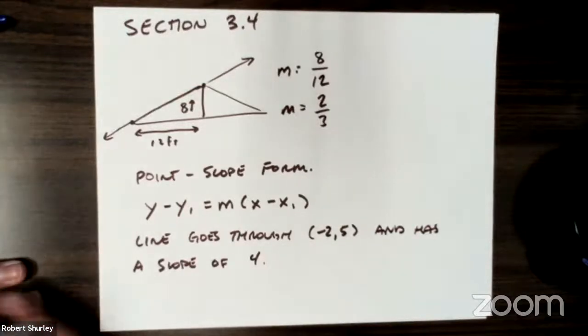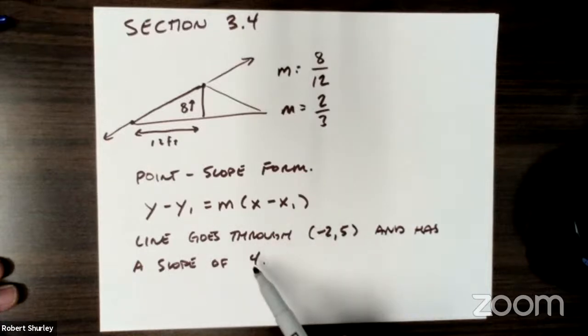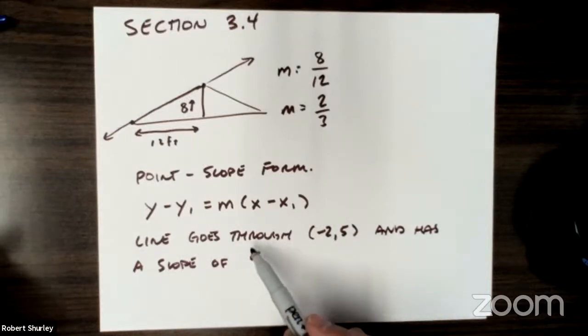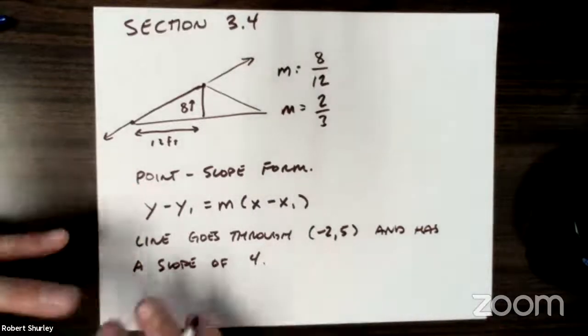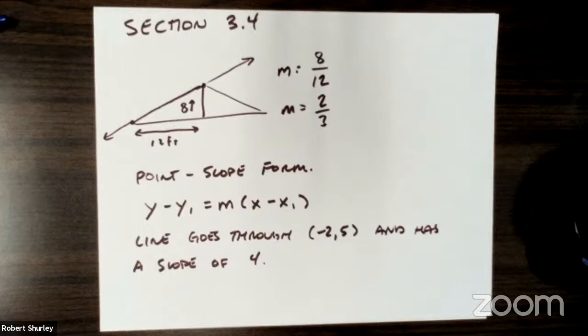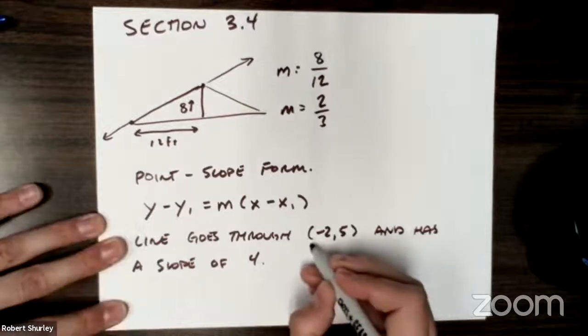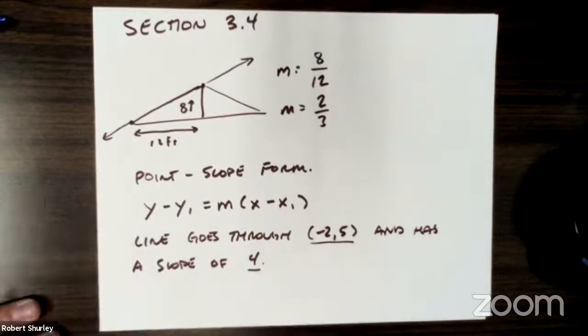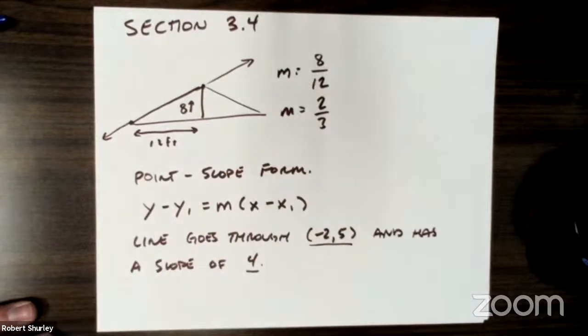So we know a line goes through negative 2, 5, and it has a slope of 4. Let's put it into this point slope form. The indicator that we're going to use point slope form is we're given a point and a slope. We're given a point, we're given a slope. We're probably going to use point slope form.